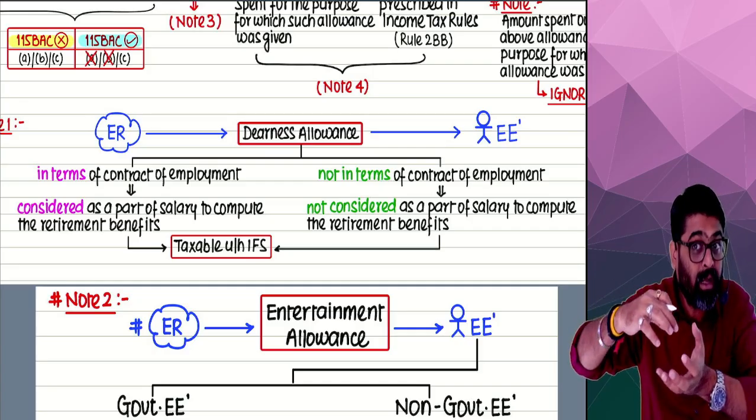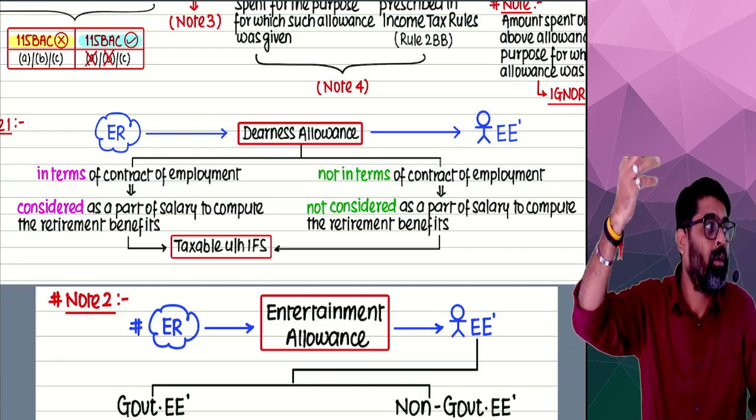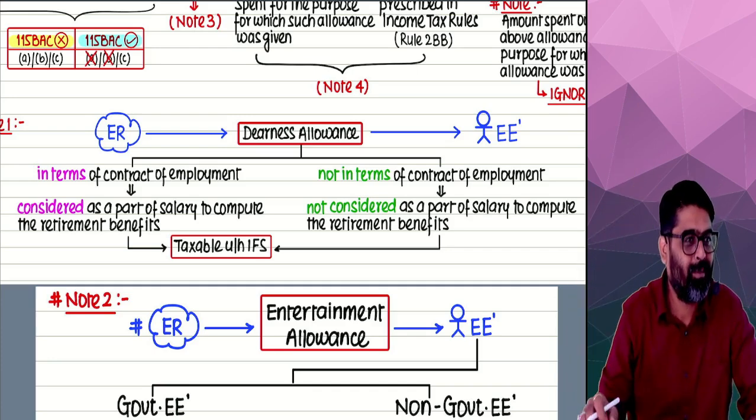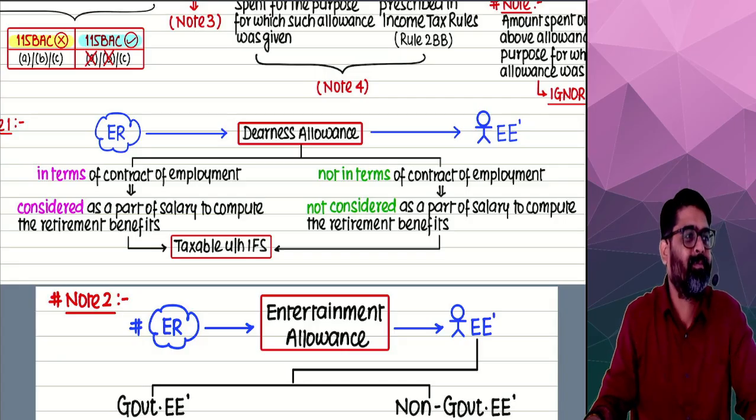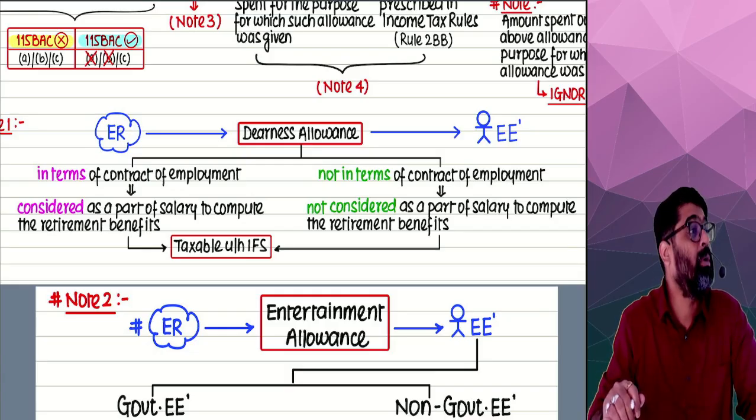And based on the lower salary, you are going to get a lower retirement benefit. Getting my point? Your employer will always try to hide this thing from you. Understanding what I'm trying to tell you? The employer will always try to hide that thing from you.